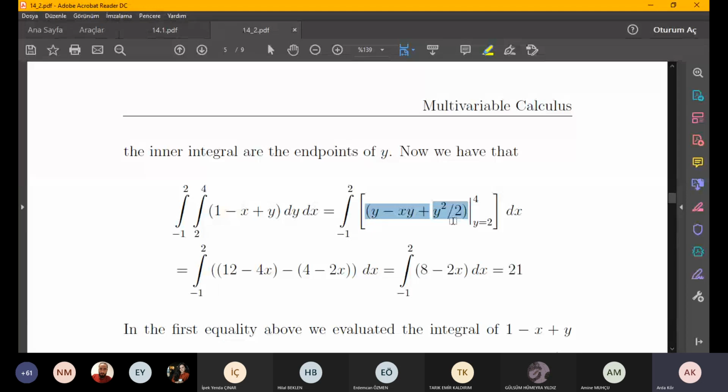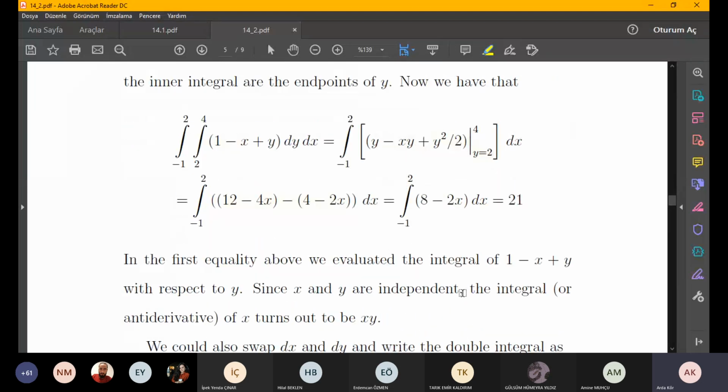And of course you have to compute that from 2 to 4, which is the limit of integration, y equals 2 to 4. After you compute this, you got this value, and you can compute the single integral again with respect to x.